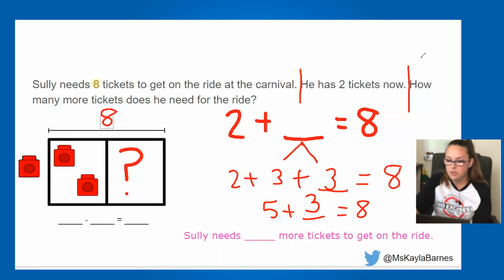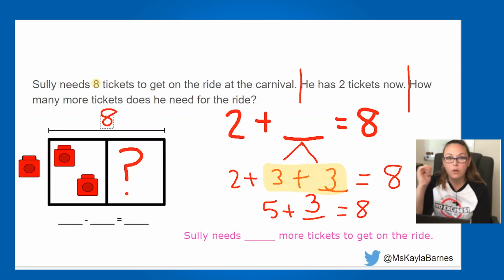And now we have to talk about this part in the middle. So what is this here in the middle? What does that equal? 3 plus 3 equals, well, that's right, great job. 3 plus 3 equals 6. So we know that 2 plus 6 equals 8.